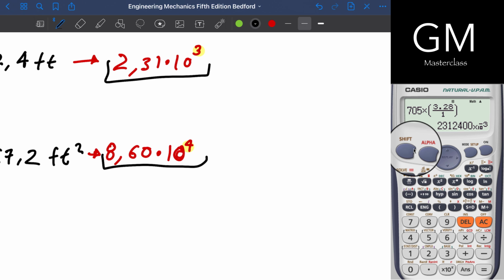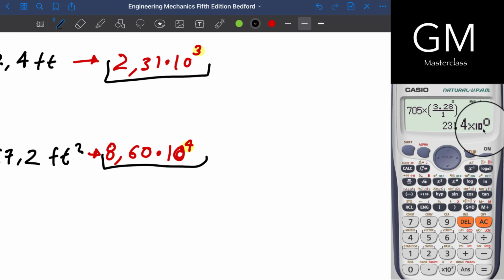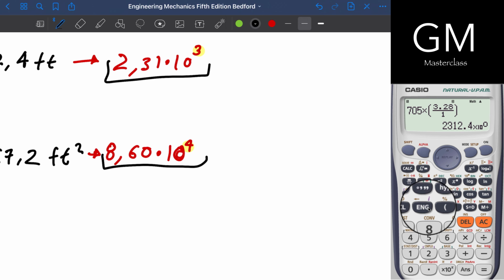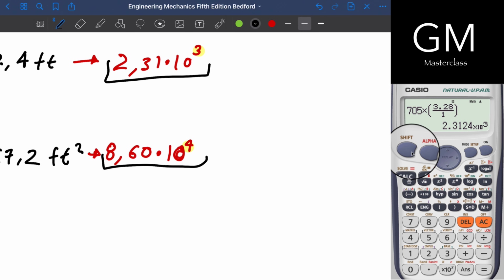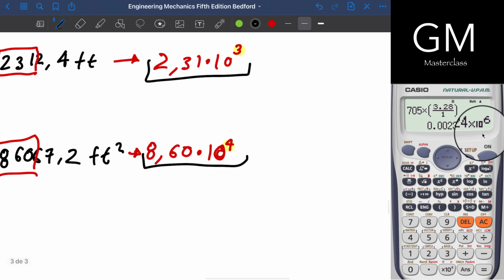So if I press Shift and the same button, then it is going to get back to the results that I was taking. If I press again, it is going to show me the result to the 6th power, and 3 by 3 it is going to show me the results.